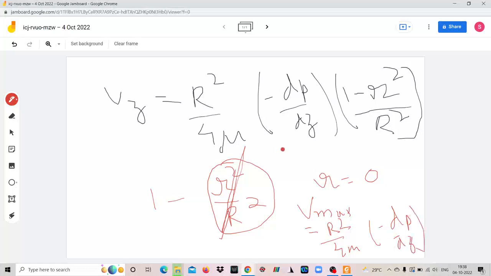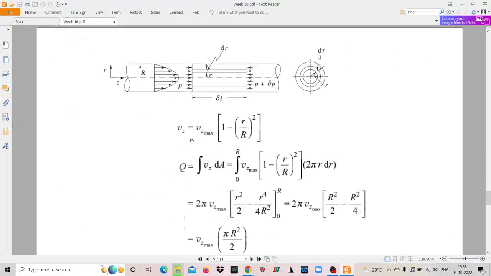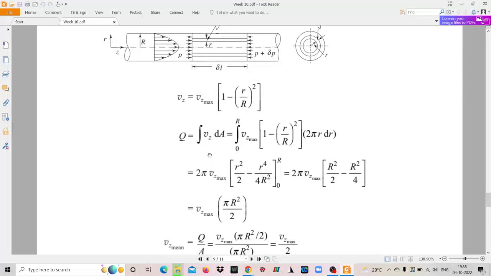In the same expression we can replace the first two terms by Vz max. So Vz equals Vz max times 1 minus r by R whole square. Now what is discharge? Discharge is Vz into dA, an area integral.